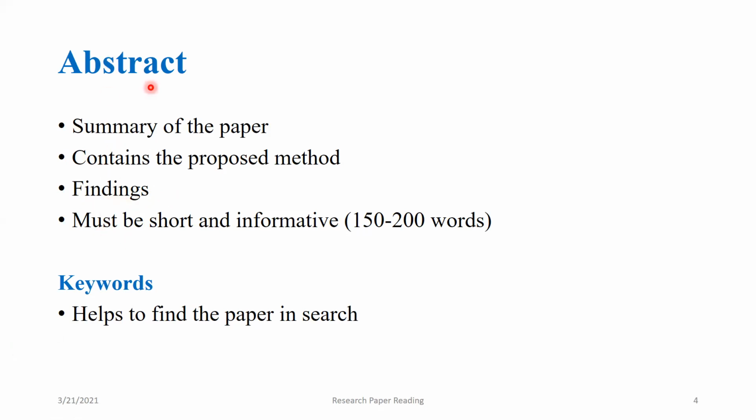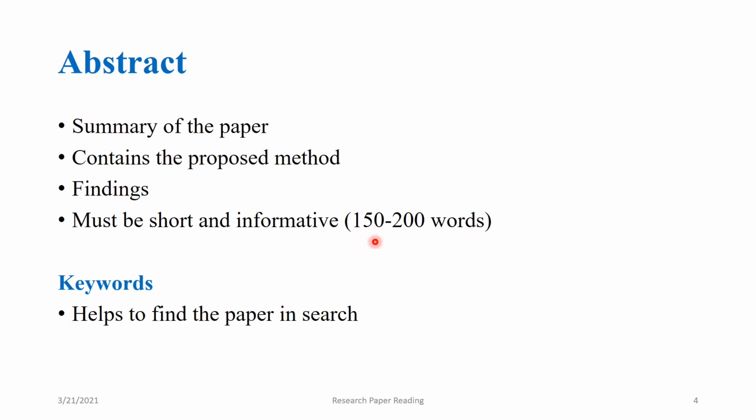But the abstract should not be very long. All this information should be contained in the abstract, but in a concise manner. The abstract must be short and informative. Most research paper formats give the instruction that the abstract should be written within 150 to 200 words.